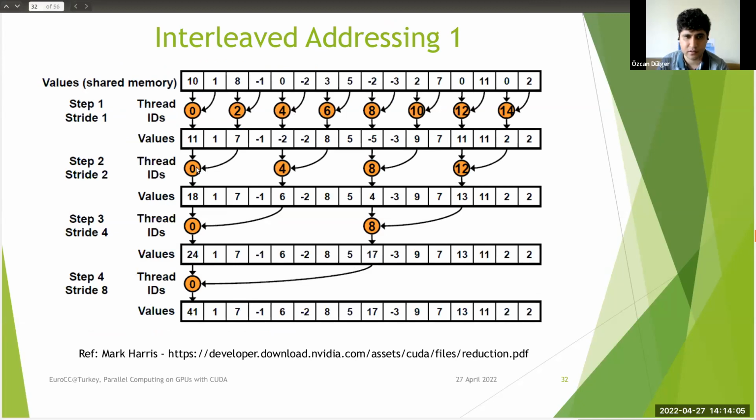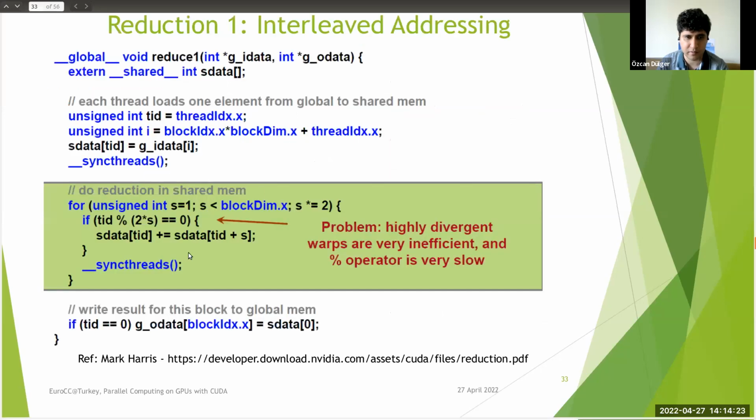Again here, thread 0, thread 4, thread 8, thread 12 are active, but their neighbors are idle. So this causes warp divergence here. And the other problem is that the modulo operator is a very inefficient operator.